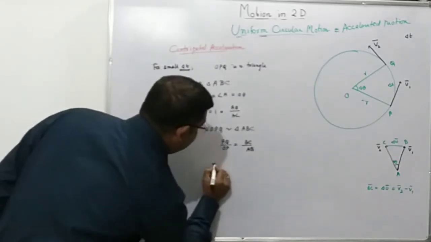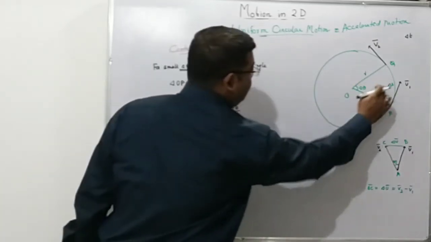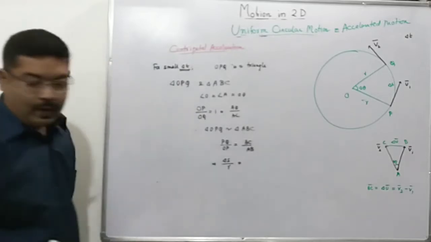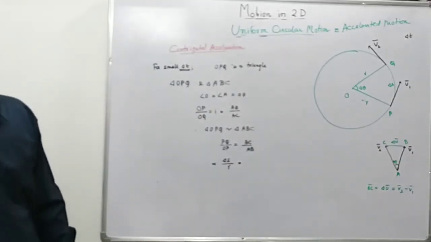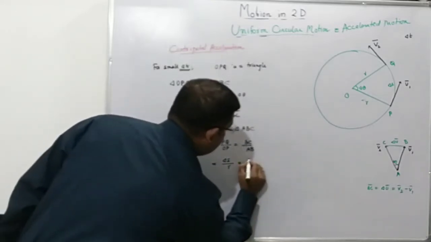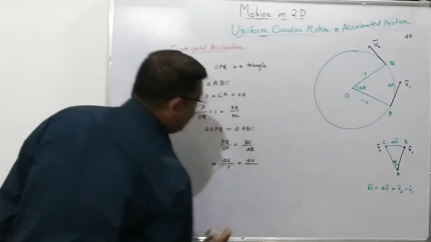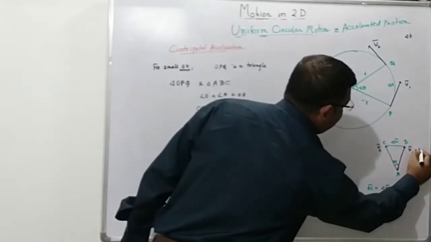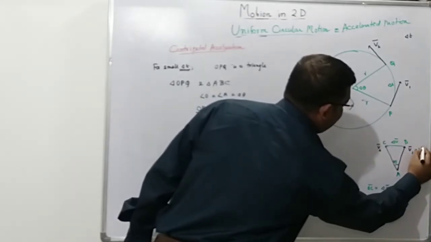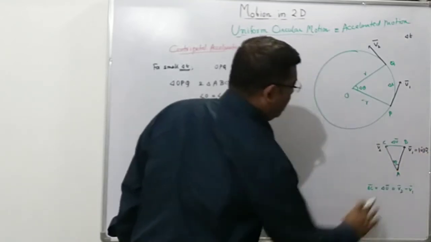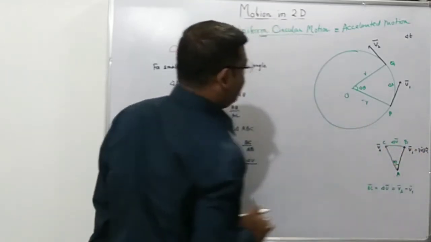Now we know PQ is delta S from the diagram and OP is R. What is BC? BC is the magnitude of vector delta V, so delta V divided by AB, which is the magnitude of vector V1, equal to the magnitude of vector V2.